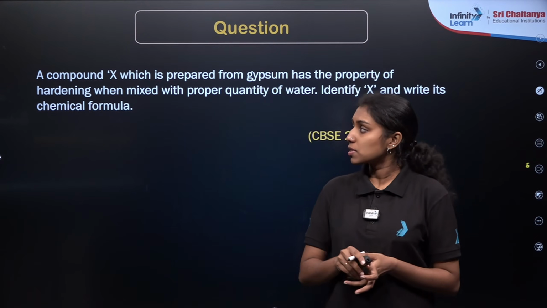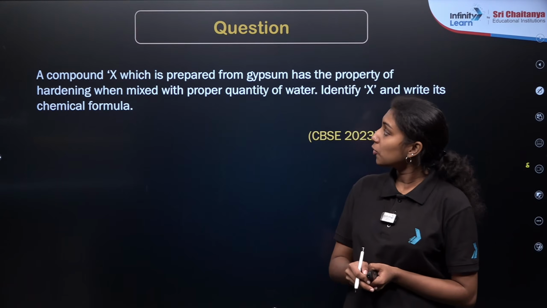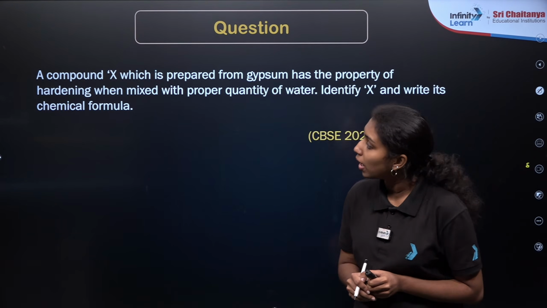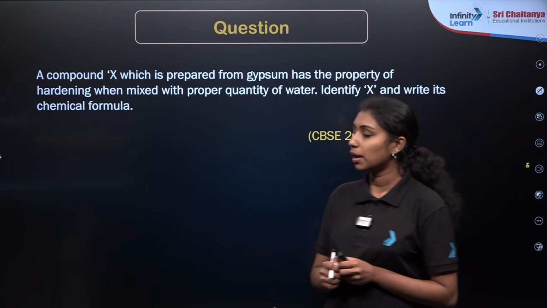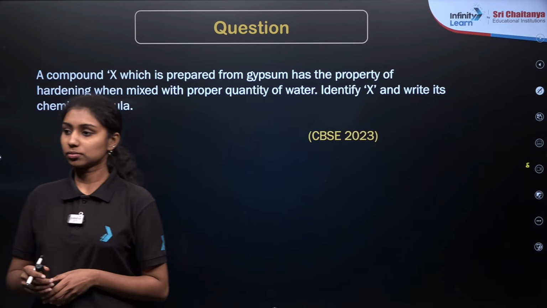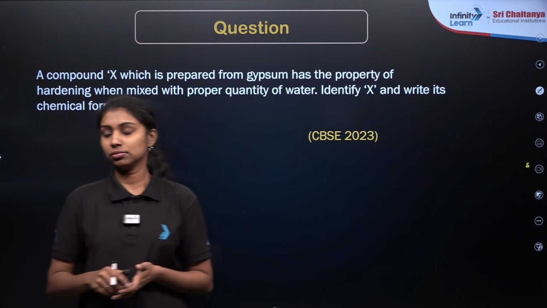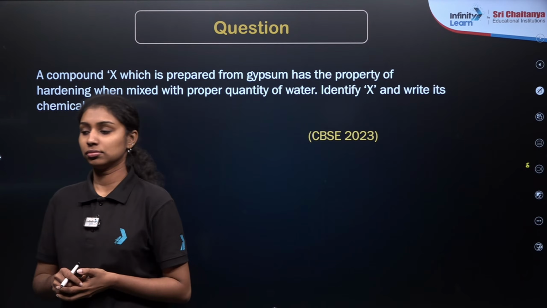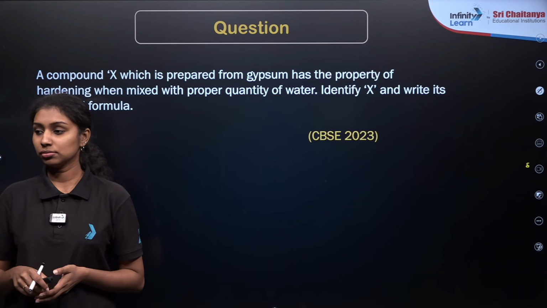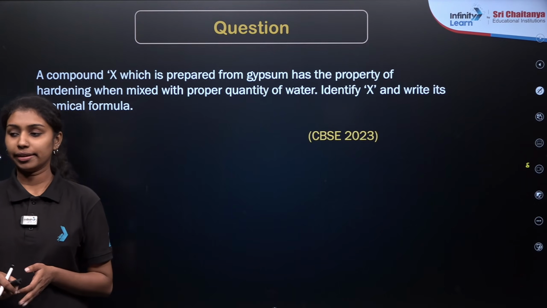It's a statement type question. A compound X, which is prepared from gypsum, has the property of hardening when mixed with a proper quantity of water. Identify X and write its chemical formula. Read the question carefully.